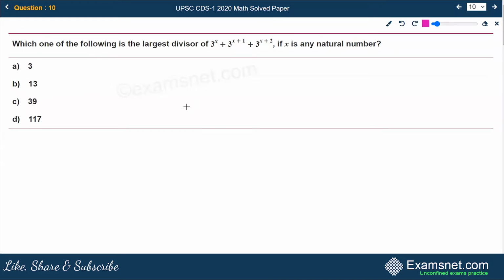In question number 10, we are given: which one of the following is the largest divisor of 3^x + 3^(x+1) + 3^(x+2)? So look, a^(n+1) can be written as a^n multiplied by a, right?